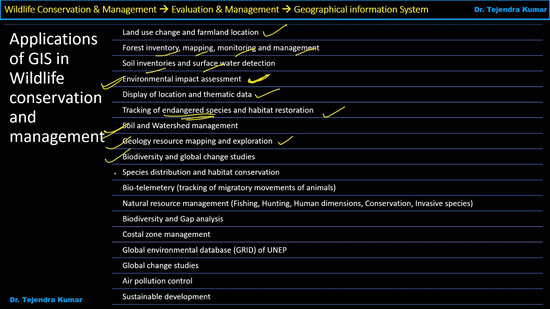Biodiversity and global change studies can be done, which I have already explained in the remote sensing as well. Species distribution and habitat conservation, already explained. Biotelemetry, yes, it is very important, and it will be explained in the GPS, which is coming in the next slides as well. Tracking of migratory movements of animals.